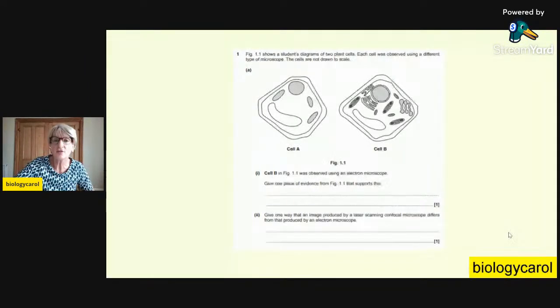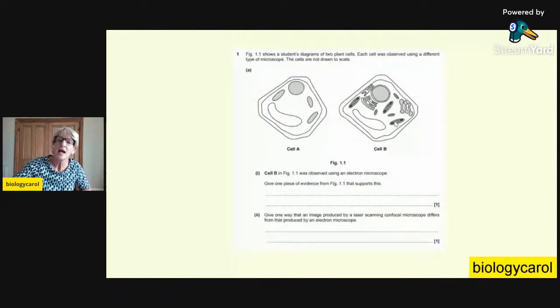So hopefully it is apparent that even though here you can see what looks like possibly a nucleus, and this looks like the permanent vacuole, we've got other structures here, but they're not clear. However, in this picture, we can suddenly see all of the detail of quite a number of the organelles.